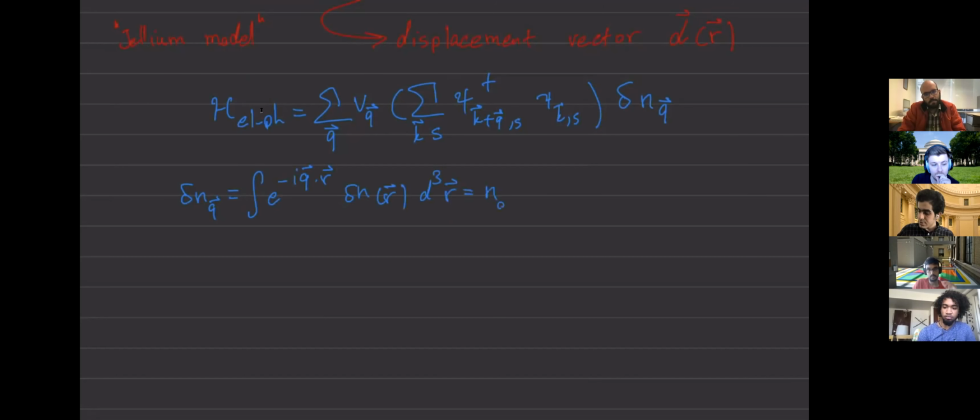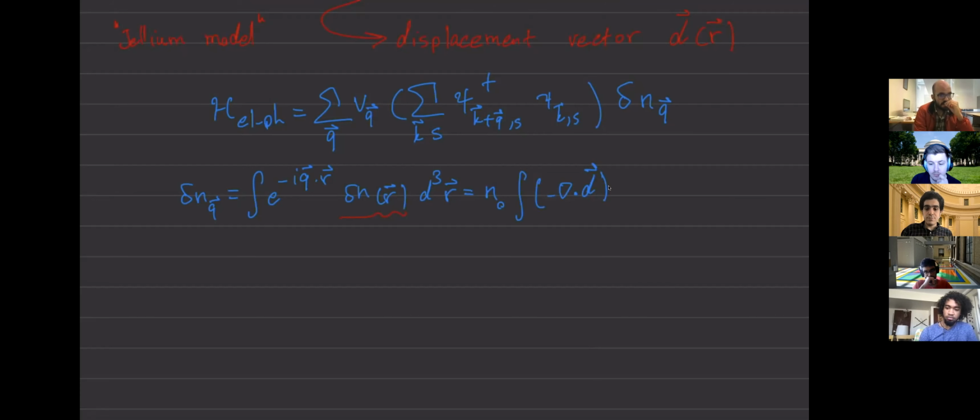And now the thing here in terms of the displacement field, that displacement vector that I defined here. In the linear approximation in the Jellium model, the important term will be only the divergence of this field, which means that if you have a positive divergence at some point, you will have less background charge there.